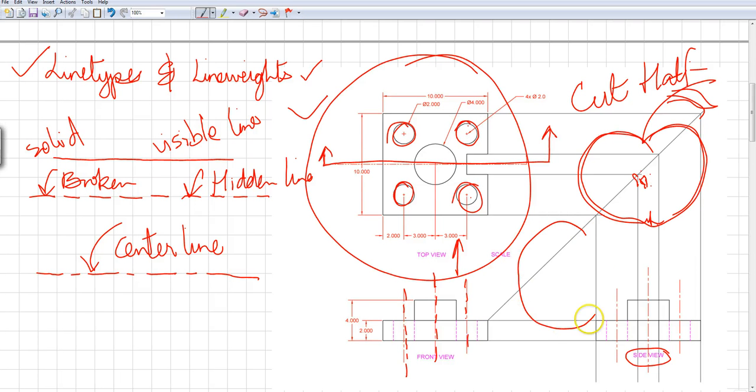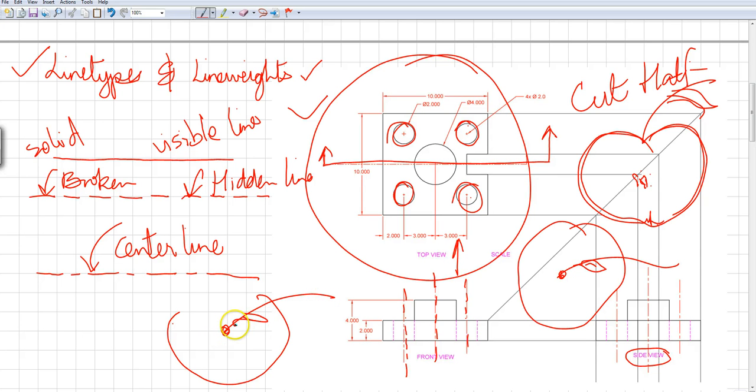From the top it would look like that. That's the apple from the top. And if I cut it, it would just look like that. Only half of it, right? So that's called a section line.